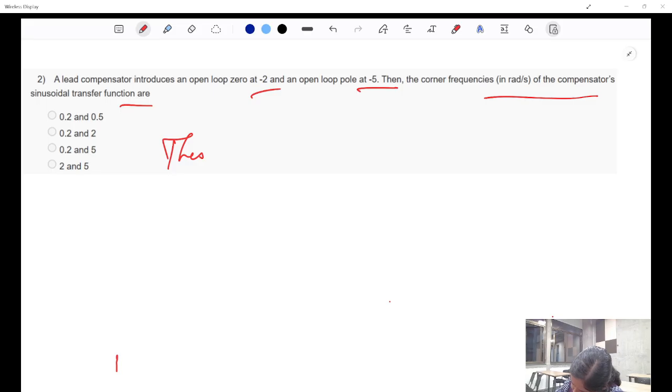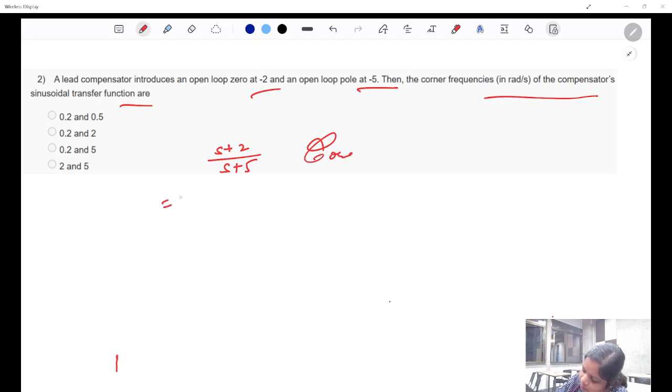Our transfer function is (s+2)/(s+5) because it has a zero at -2 and a pole at -5. Then the corner frequencies.